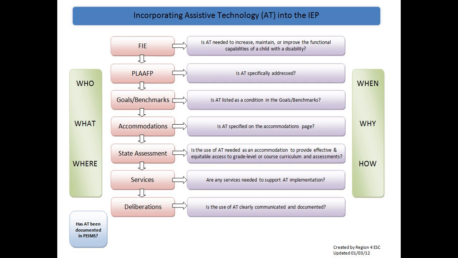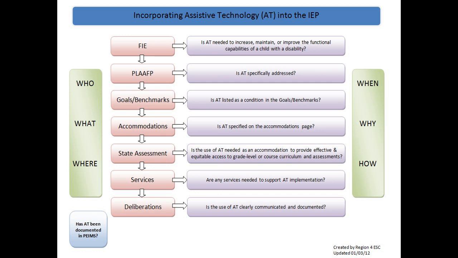In Texas we call it an ARF process, an accommodations referral form, where we have to submit a referral form to the state agency to gain permission to use a specific piece of technology so that this kid can take the test.